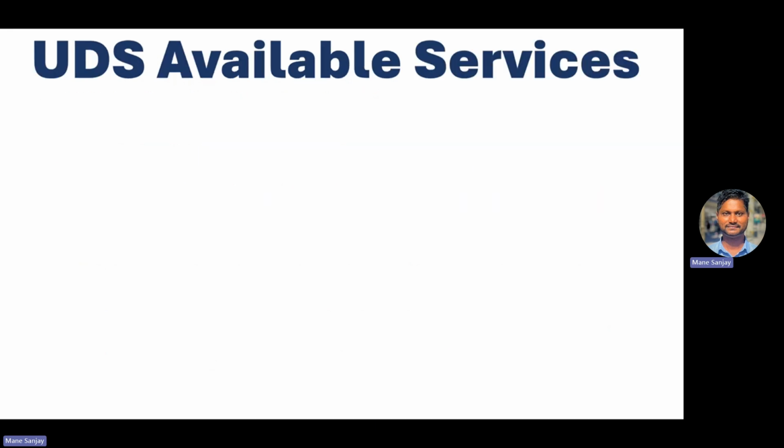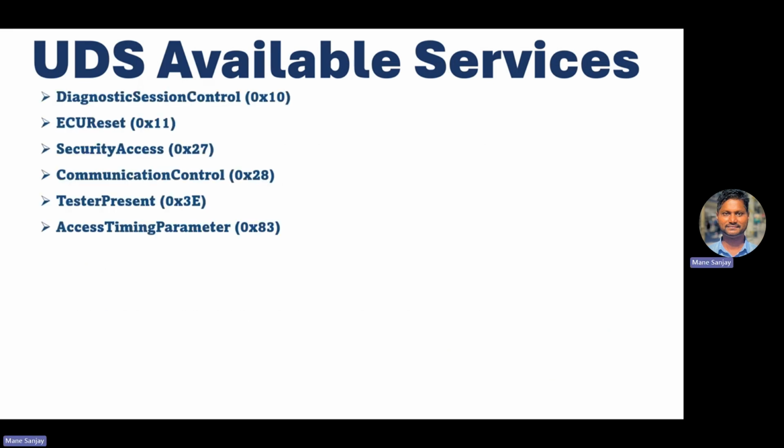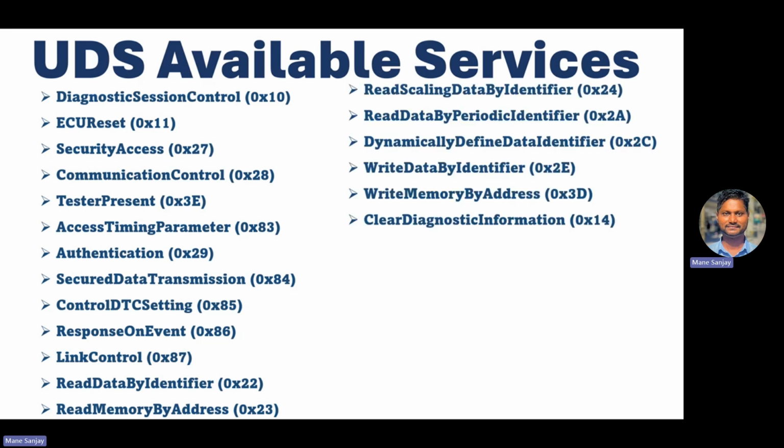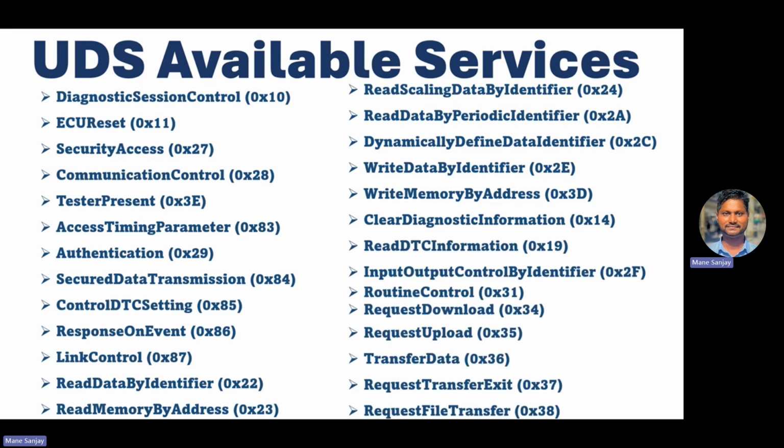Let's see what the different UDS services available are. There are many services available, approximately 27 or 30, defined in the UDS standard, like diagnostic session control, ECU reset, security access, communication control, authentication, control DTC setting, response on event, read data by identifier, read scaling data by identifier, write data by identifier, clear diagnostic information, and so many services.